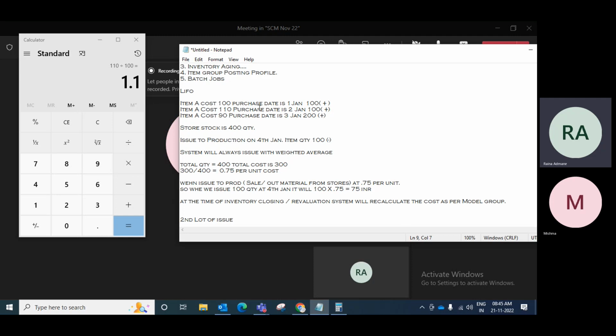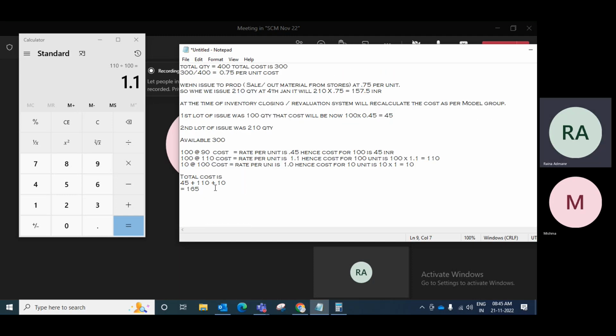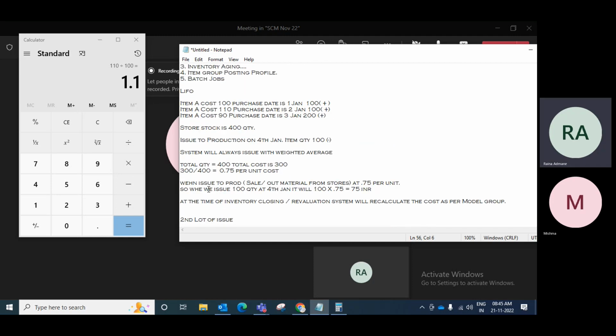If you assume that on the same dates there are some sales also, that the same item you are issuing, instead of the 4th, you are also issuing on 1st January, some on 2nd January, and on 3rd January, so how will the system handle on 4th January? All this is a little complex. So first understand the simple one. Once you digest this completely, then we will come to the little complex one.